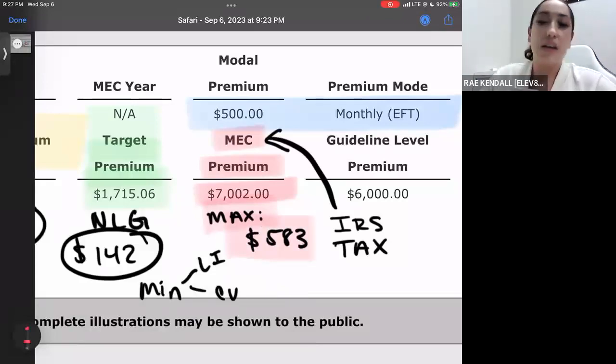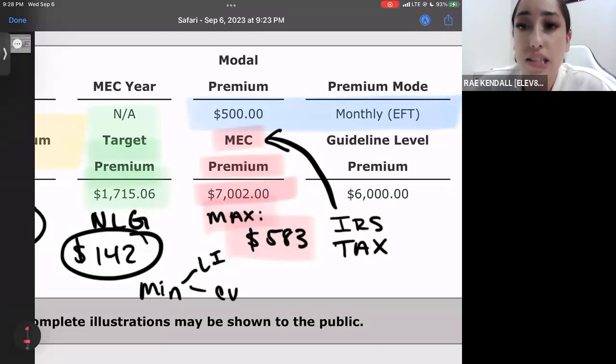Okay, so let's say my client says, Ray, I want to increase my window. I want to add more than $583. I want to open up my maximum. The only way to open up your MEC is by adding more insurance.